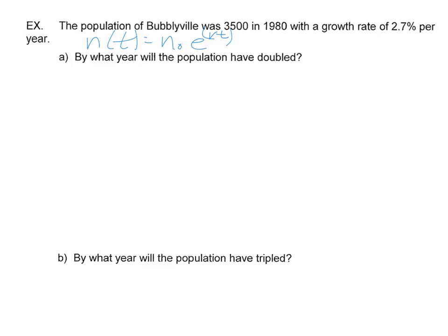We know that we ended up with twice what we started with, 2 times N naught. We have it in this problem, it's 3,500, but we don't really need it. E to the power of, we have r, change it to a decimal, move the decimal 2 places left, 0.027t. And you can just divide out the N naughts, and they're just going to go away. That's why it doesn't matter if you fill the number in or not.